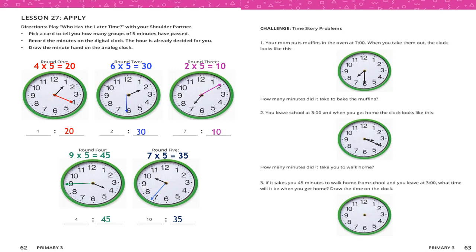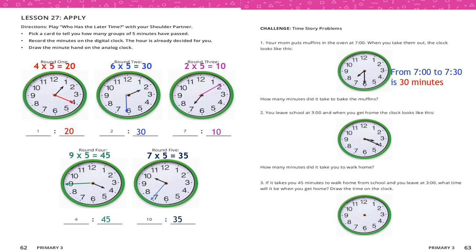The short hand at 7, so it's 7, and the long hand at 6, it means 6 times 5, 30. So our time here is 7:30. So between 7 o'clock and 7:30, we have 30 minutes. So he is asking how many minutes did it take to bake the muffins? It means 30 minutes.